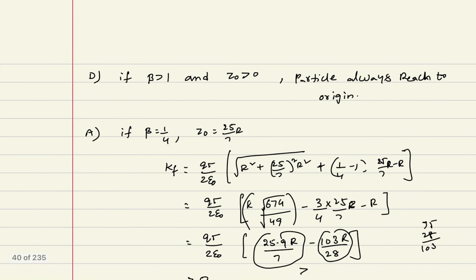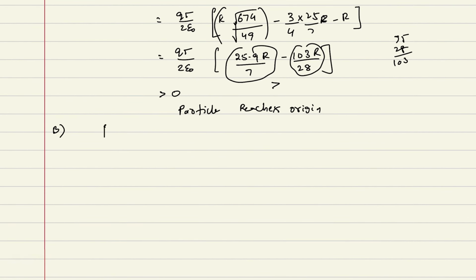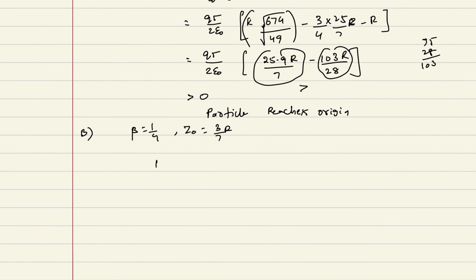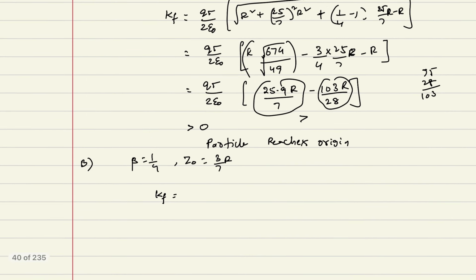You check for option D. Option A is correct only. Option B, 1 by 4 and 3 by 7. Beta value is 1 by 4, z naught is equal to 3 by 7 r.